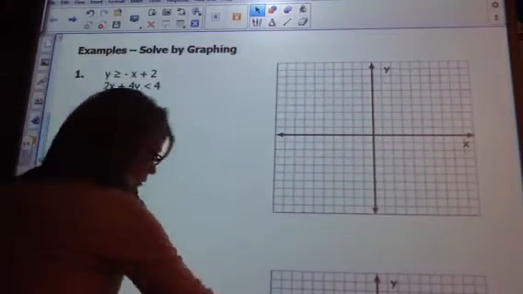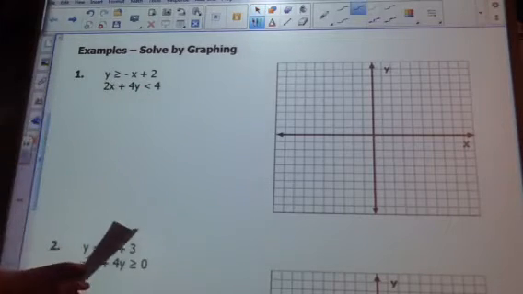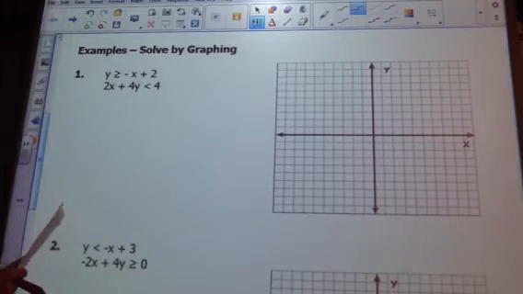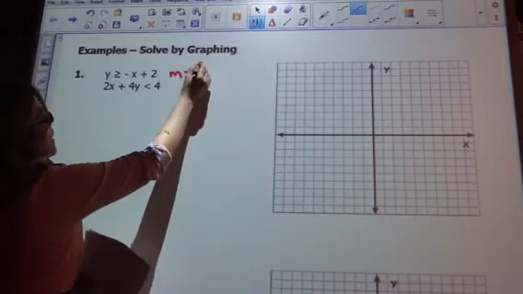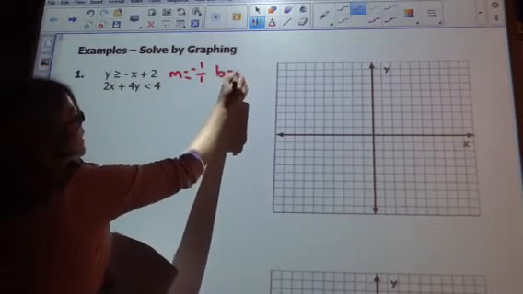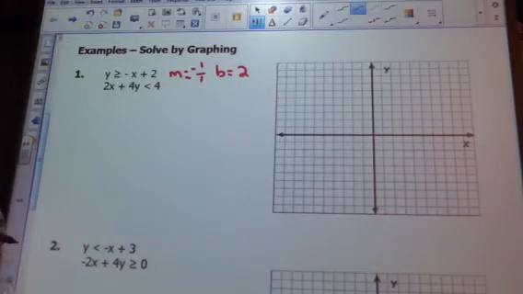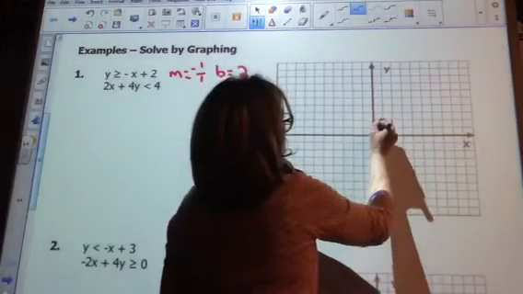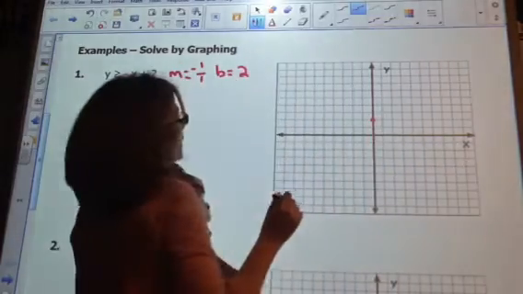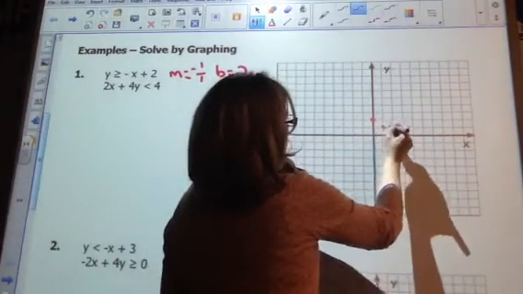To graph these, we need to identify our slope and our y-intercept. On this first one, our slope is -1/1, and our y-intercept is +2. So let's go ahead and graph that. At +2, and down 1, right 1.